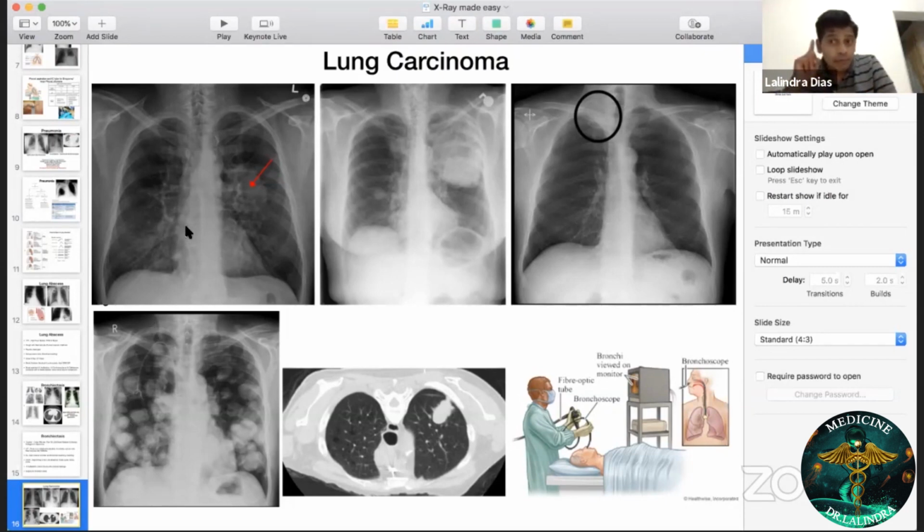So remember this, guys. It's a take-home radiological message, right? The top X-ray is a rounded opacity of a primary lung cancer. The cancer is in the lung. So primary lung carcinoma, what you call bronchial carcinoma.